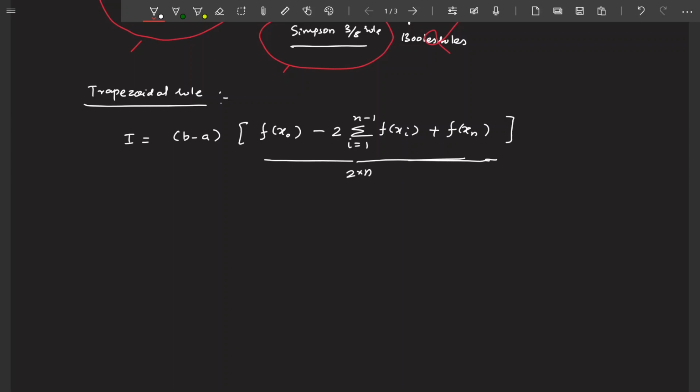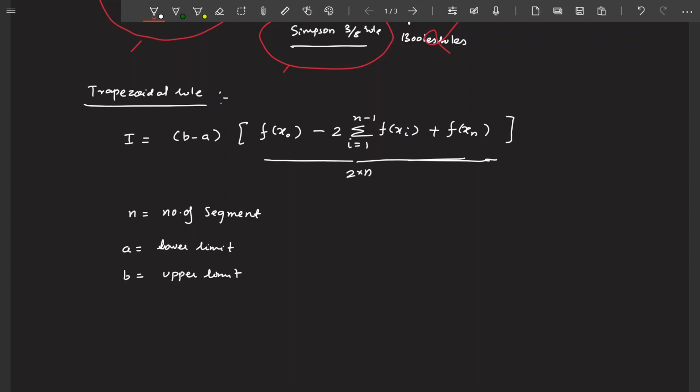Okay, let us talk about these terms. So basically n is the number of segments, a is the lower limit and b is the upper limit.